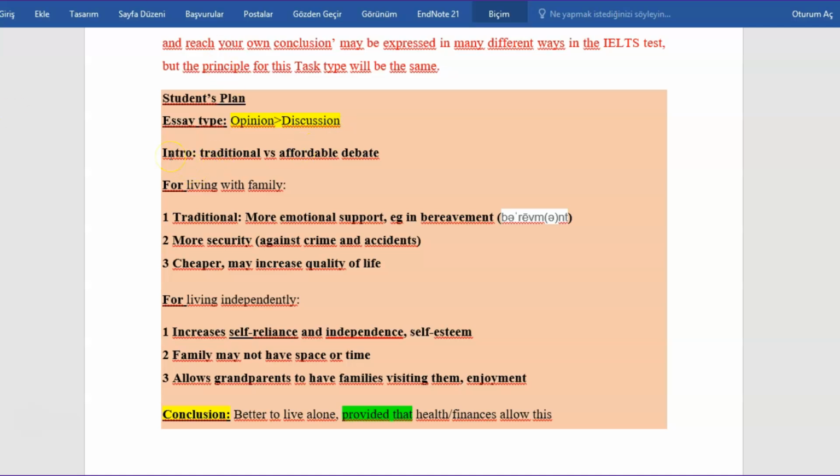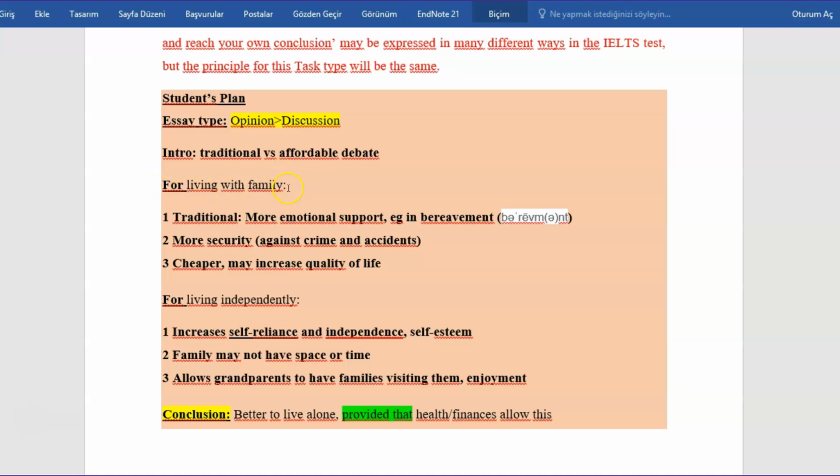In our first paragraph, the introduction, we are going to say something about traditional versus affordable ways. We are going to say two or three sentences in this regard. And for body paragraph 1 and body paragraph 2, we have to prepare some sentences, right?